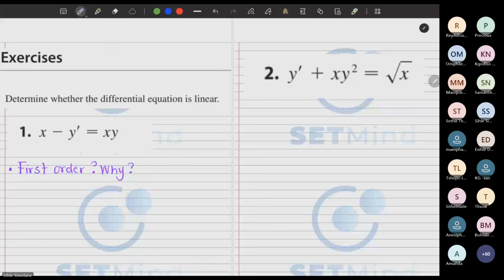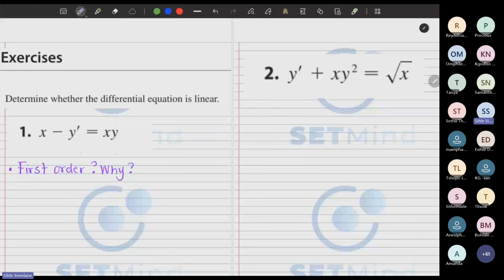Anyone? You can go ahead. I see a hand from Samantha. Okay. dy dx is to the power of 1. What do you mean dy dx is to the power of 1? Okay.